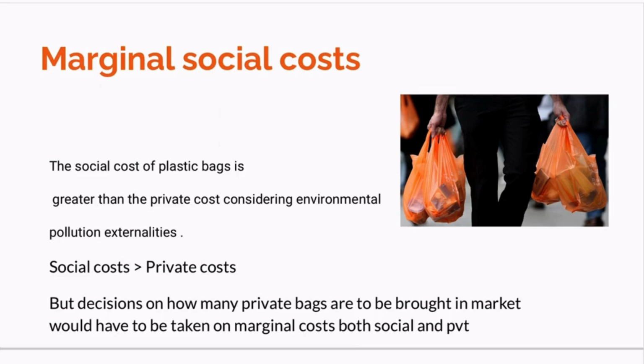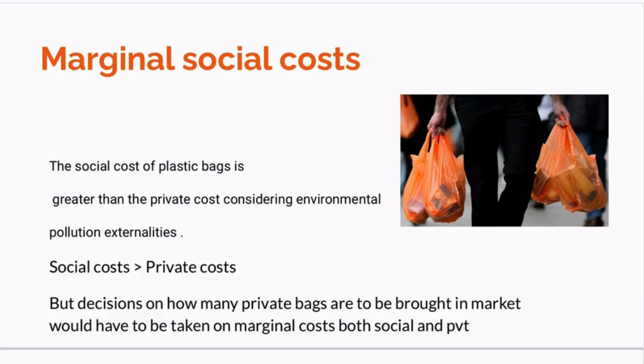It is going to create more pollution. If you give some cost to it, that becomes the marginal externality cost. If that marginal externality cost is added to the marginal private cost, it becomes the marginal social cost.